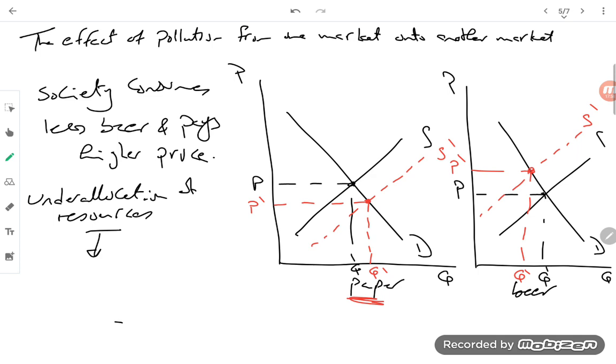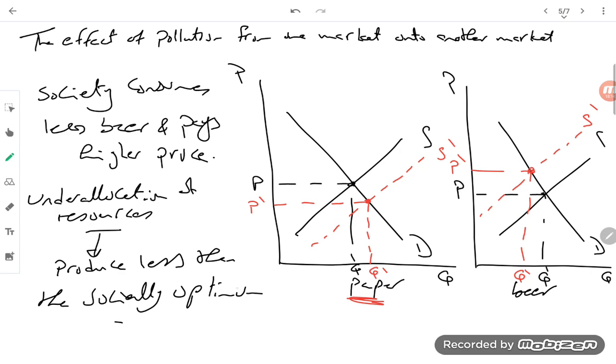It means that the society or the economy produces less than the socially optimal point. If there is no pollution, we would like to produce Q. But due to pollution caused by another industry, we are going to produce Q dash. So we produce less than the socially optimum amount.